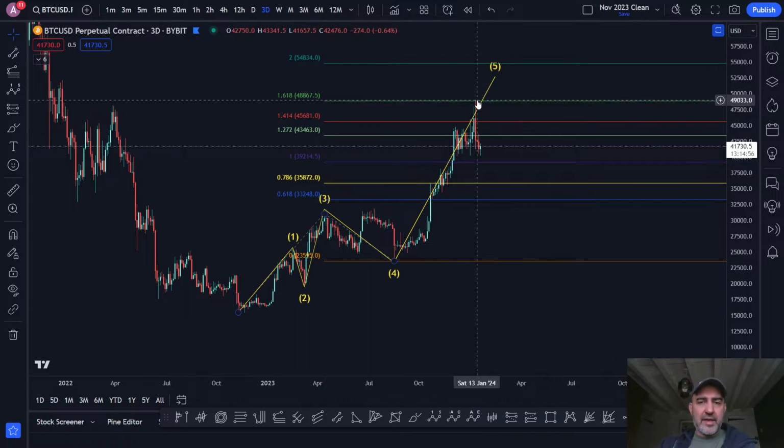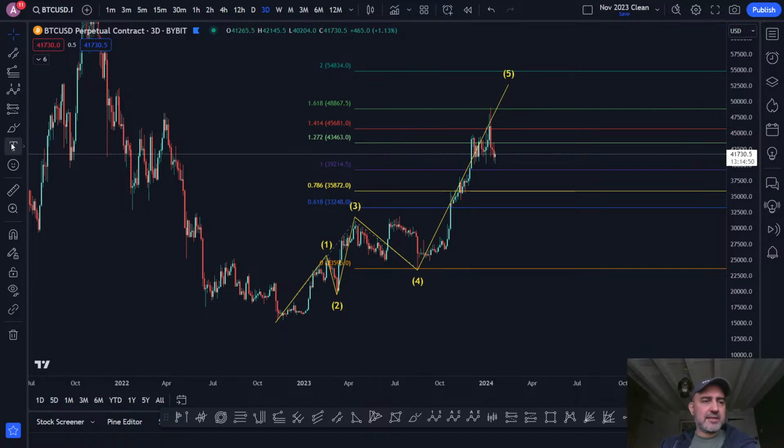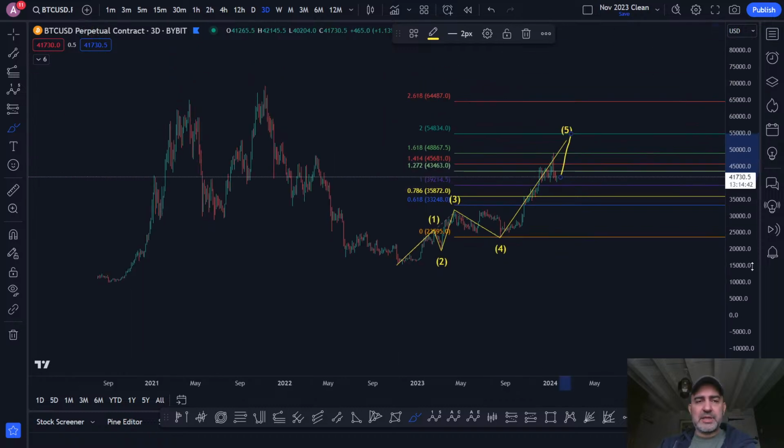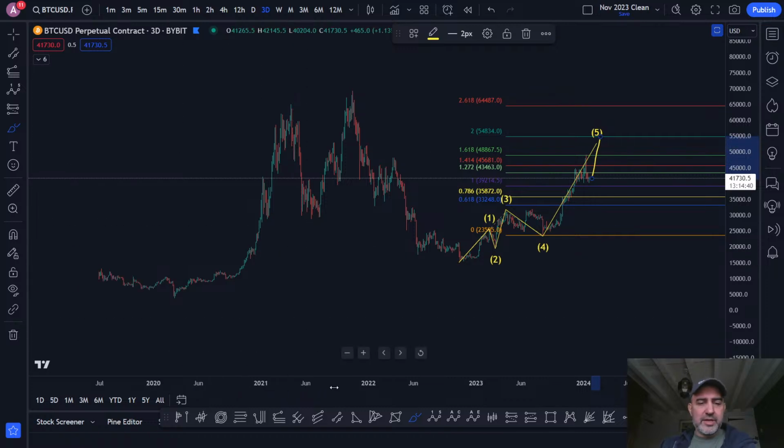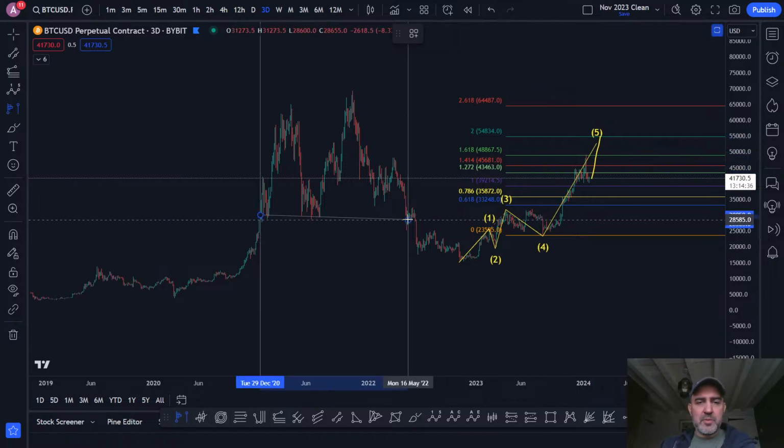So we are in an expansive move. And then I think the limit of the expansion in his calculation, if the 5 continues, would be to go up to the 2, and that would line up with the value area high of this previous bull market on Bybit, potentially.